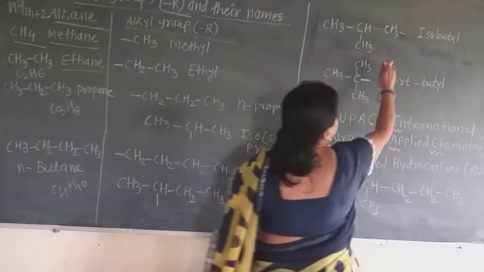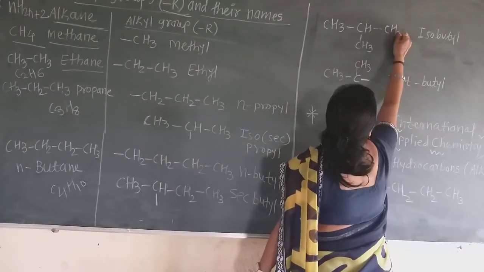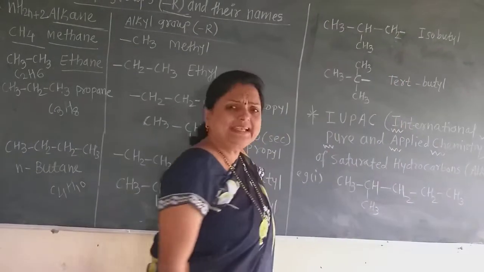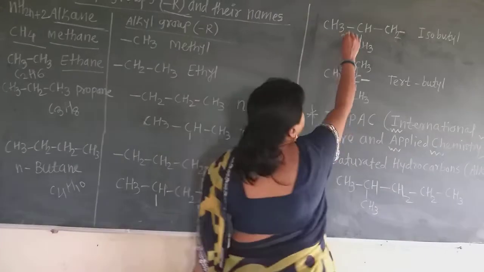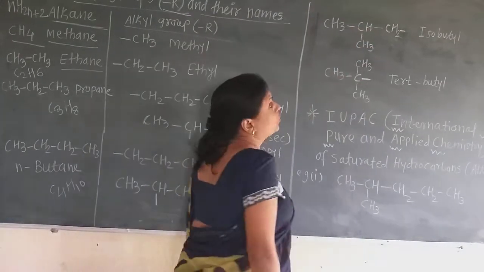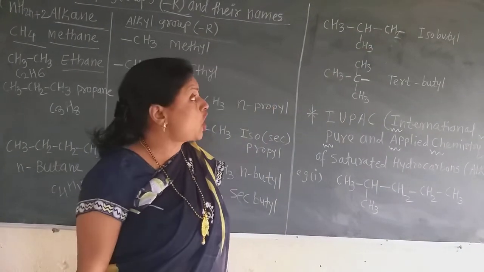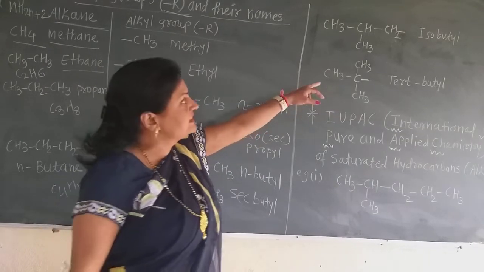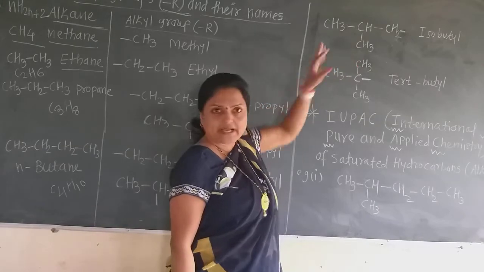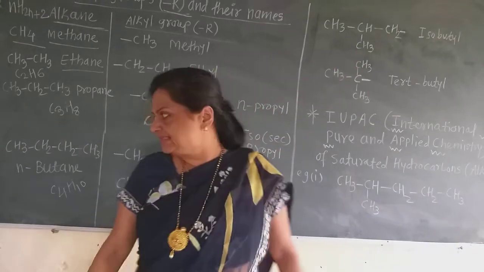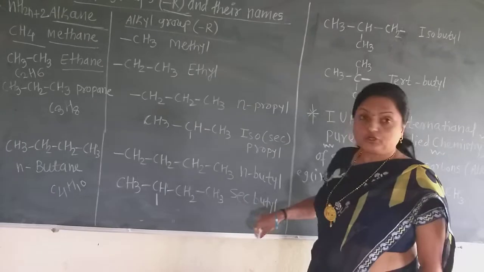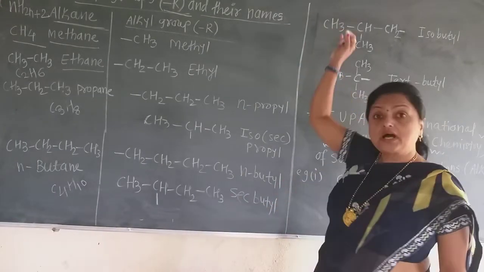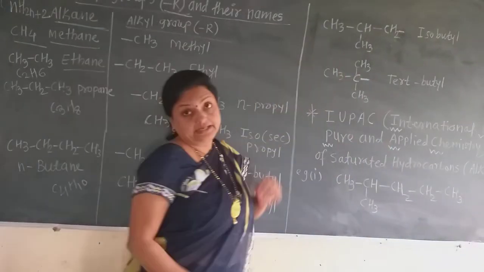If I remove one of the hydrogen atoms of this ending carbon, while on the second carbon atom there is a CH3 group, then such an alkyl group is called isobutyl. This is the isobutyl group because 4 carbon atoms are there, and this is the secondary butyl group. Remember how the secondary can be identified and how the isobutyl can be identified.